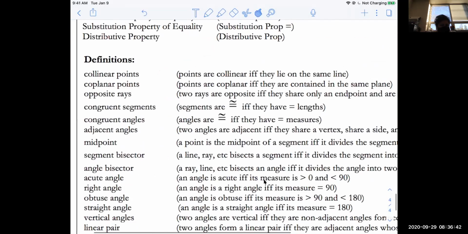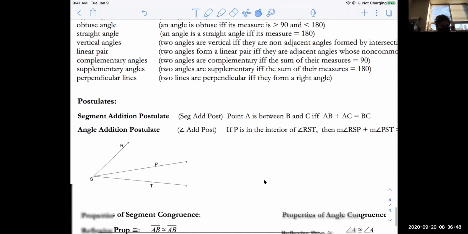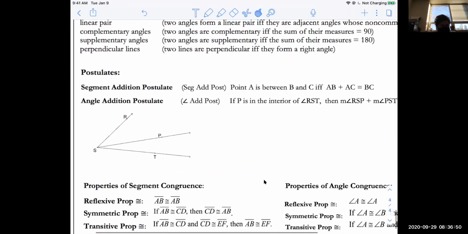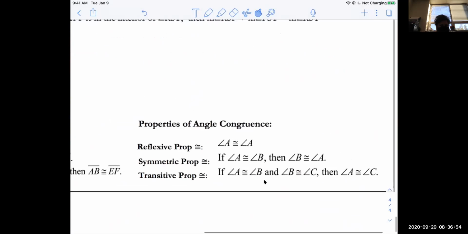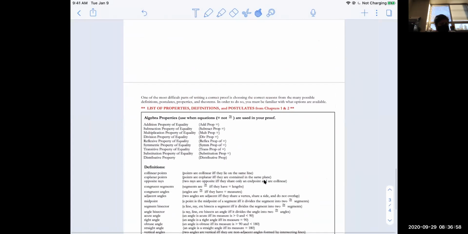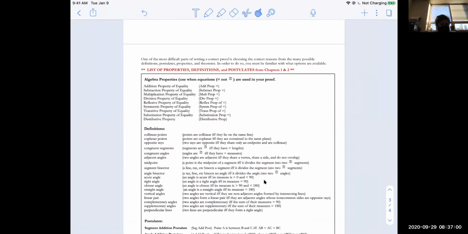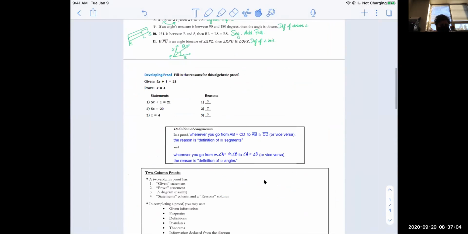But then also I tried to grab the definitions from chapter 1 that you would be seeing as possibilities, and then the segment addition postulate, and then the properties of congruence down here. So when you're trying to do those problems, you're trying to come up with the different possibilities. Hopefully that will be helpful at first to kind of see all that in front of you.